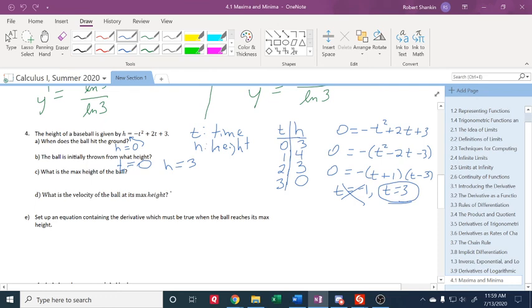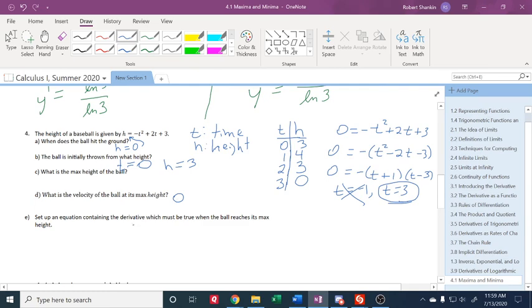It appears to be a maximum height of 4 from the little table, but at its max height it's not rising or dropping, so the velocity would be 0. The velocity of the ball at its max height must be 0.